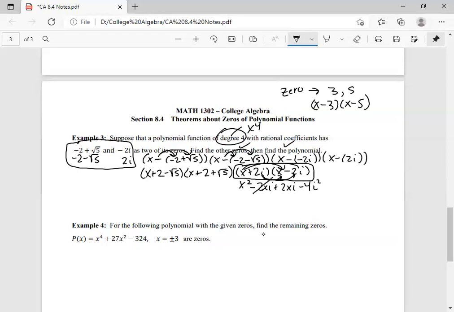So this term and this term, they're exactly the same. One's positive and one's negative. That kind of just goes away. I've got x squared. What about this? This is really -4 and i squared, so times -1. So +4.